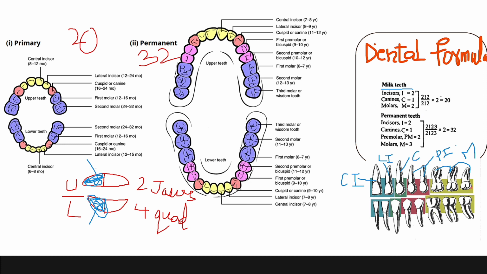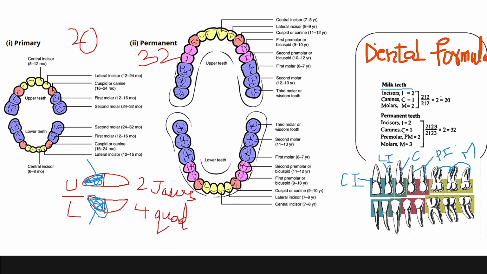We don't have a third molar in primary dentition. Now coming to permanent dentition, we have two incisors, central and lateral, then one canine and two premolars, first and second premolars, and three molars, first, second and third molars. So the dental formula for deciduous dentition is 212.